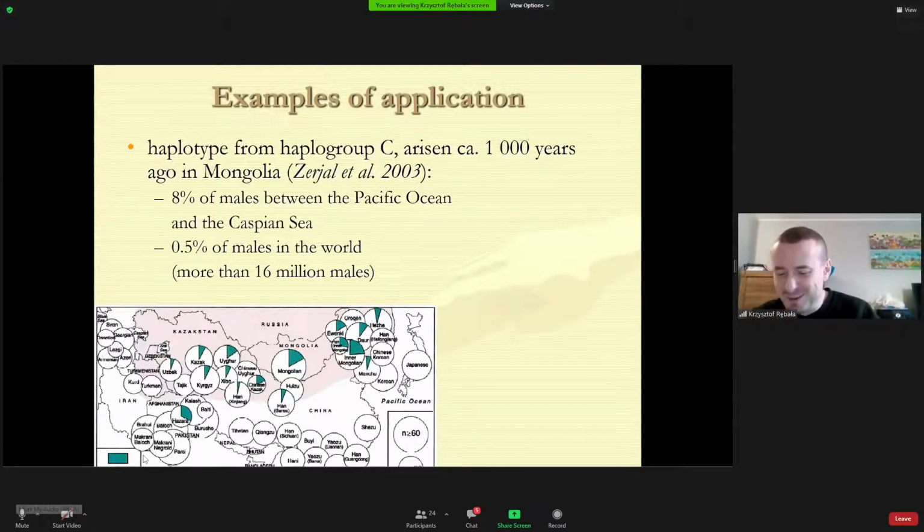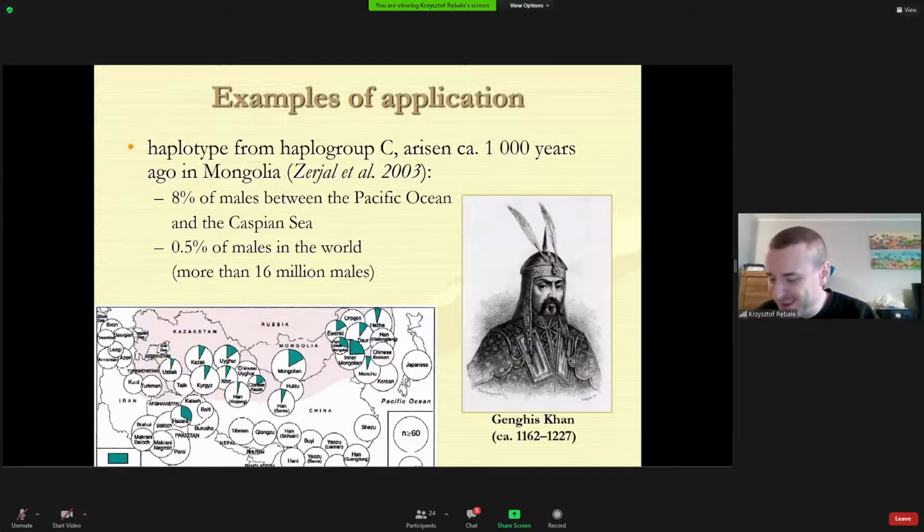The researchers claim that it must have been Genghis Khan, who lived more or less 1,000 years ago, and according to historical sources, he had many children, and his children played an important role in the societies where they lived. So he must have had such great reproductive success. Okay, let's go further.